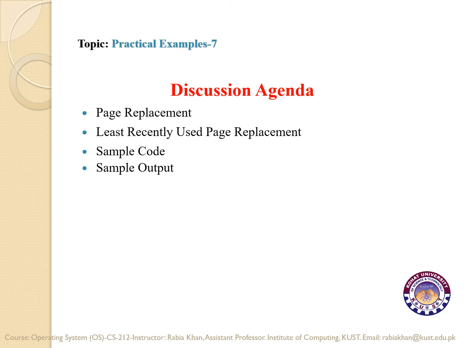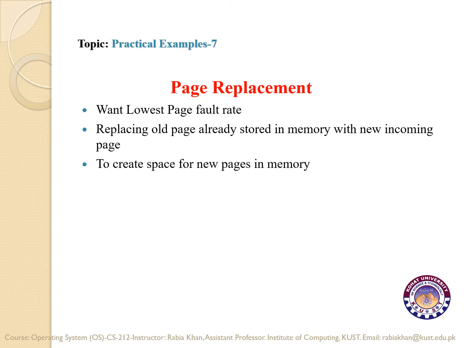So let's proceed with what is page replacement, and you all know what it is by now. We have already had a lot of discussion on it previously. As you all know, page replacement is to replace an older page with the new page.